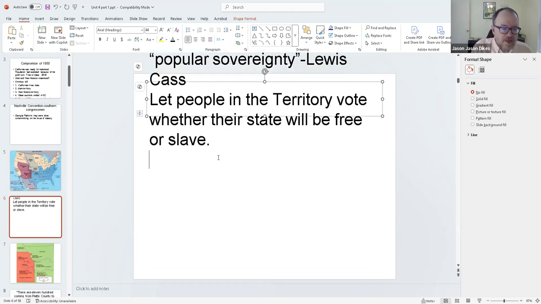And very quickly, Kansas filled up as both slave states and free states tried to get people out to Kansas as quickly as possible. It became a race.